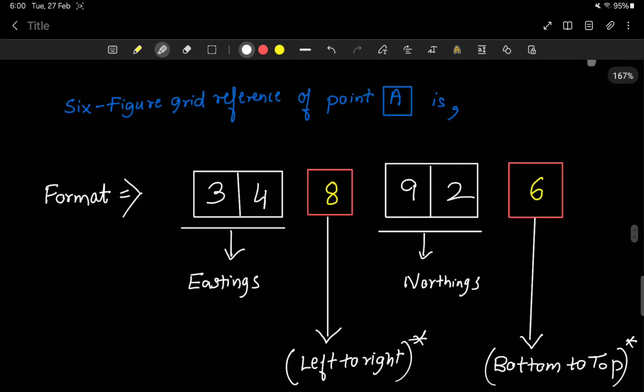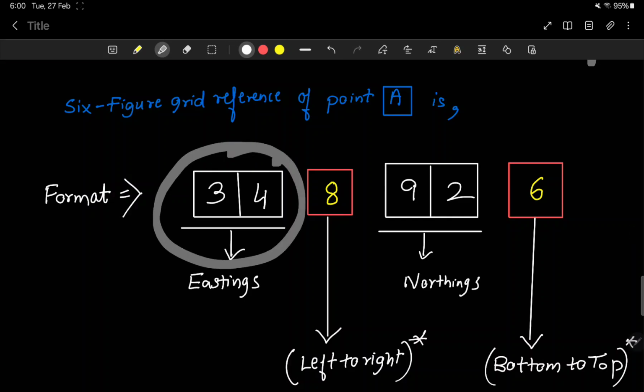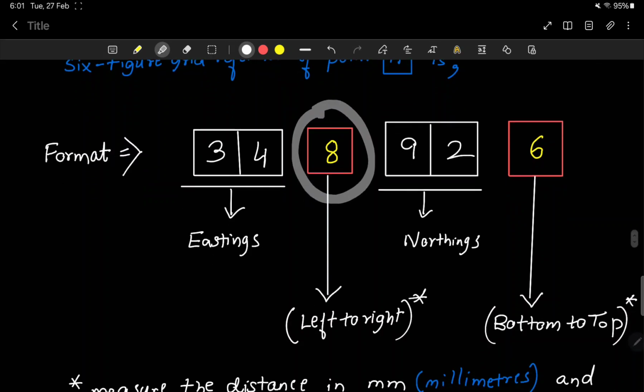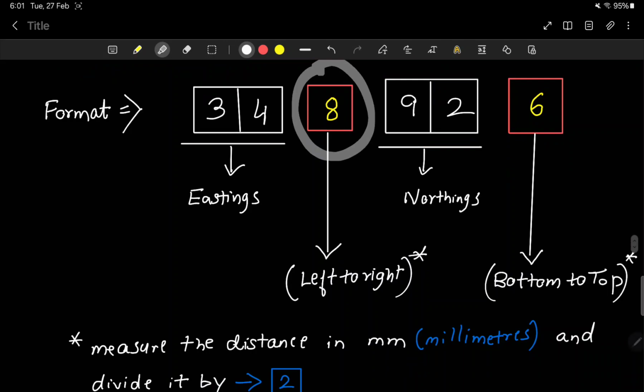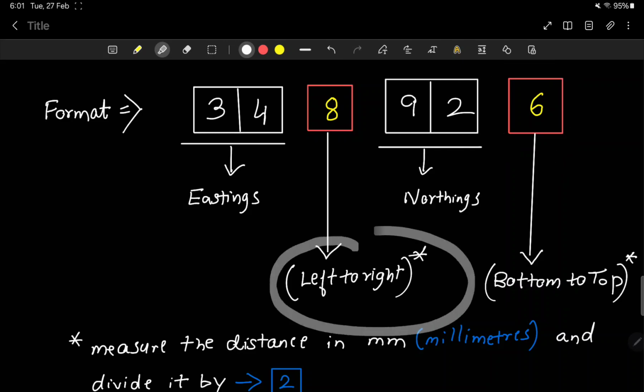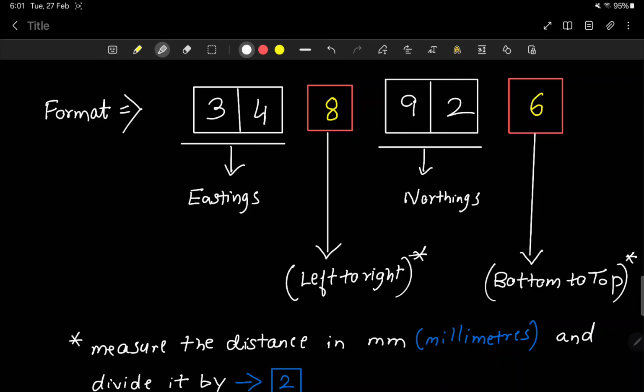The first two places are fixed for the eastings. Here we write the northings. In this place we write the distance in mm from left to right, and here we write the distance of the point in mm from bottom to top. Just focus here: this is the distance from left towards the right, and here we take the distance from bottom towards the top.